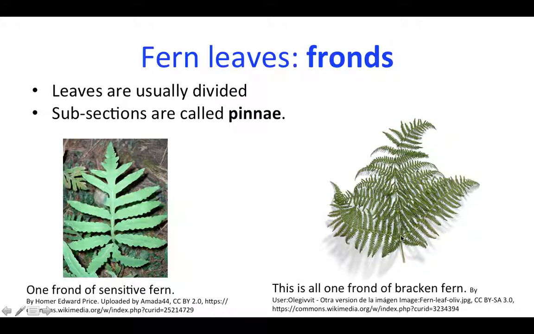So this leaf is divided into subsections like this, but then each of those subsections is divided into its own subsections that go this way or this way, for example. And each of those subsections is further divided into smaller subsections. So we could say this leaf on the right has at least 3 different levels of subsections. And we'll call those subsections of a fern leaf pinnae.